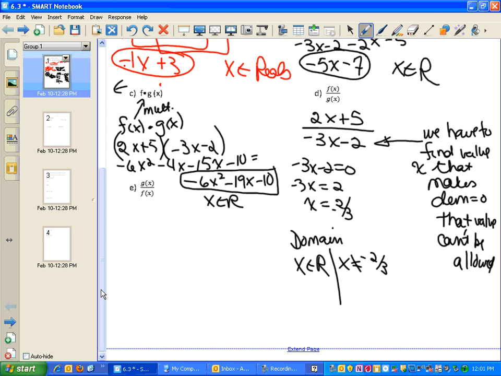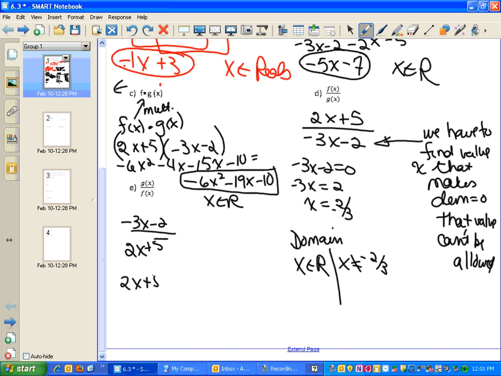Okay, so now I'm going to put g of x over f of x. So that's my answer there, yes? So, where am I concerned? The bottom. How do I figure out what makes x 0 there?